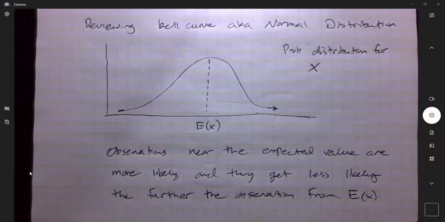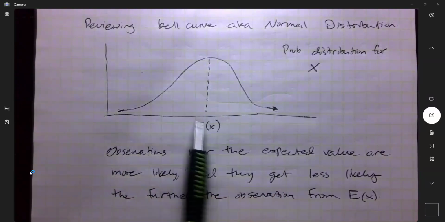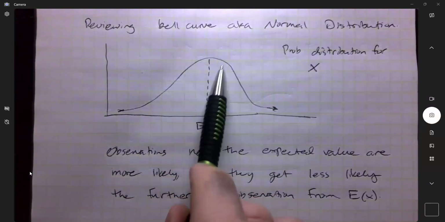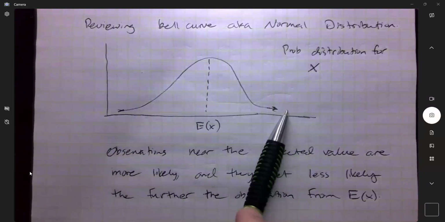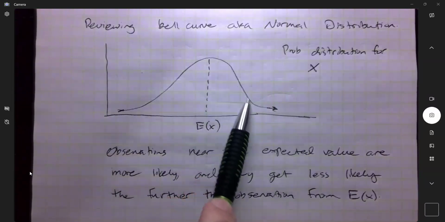And that basically tells you exactly what a bell curve looks like. It's a probability distribution where observations near the center are likely and observations far away from the center are not likely, and they get less likely the farther you go.